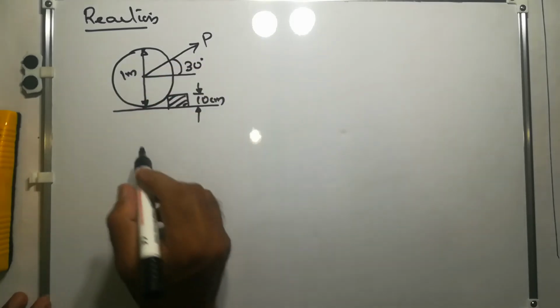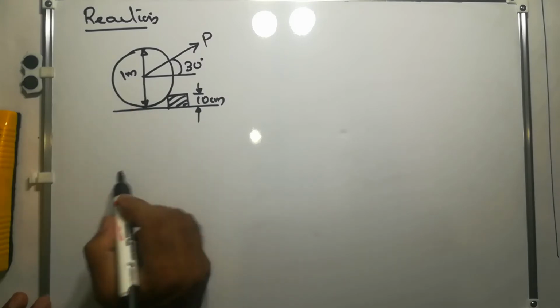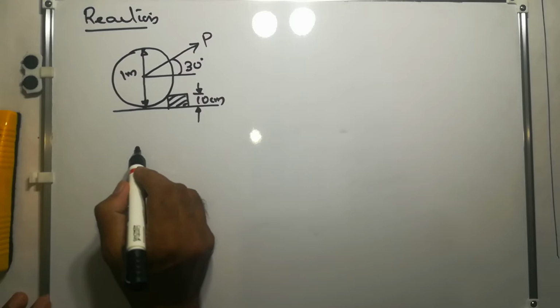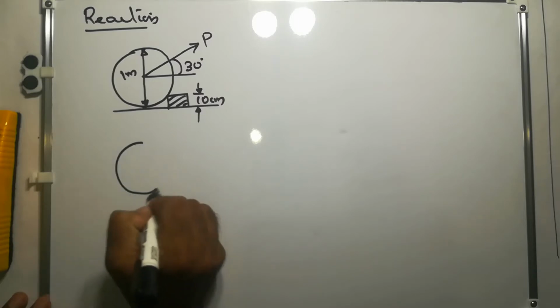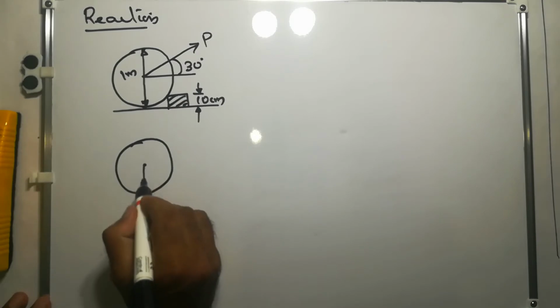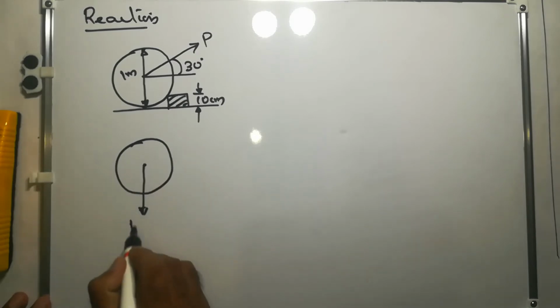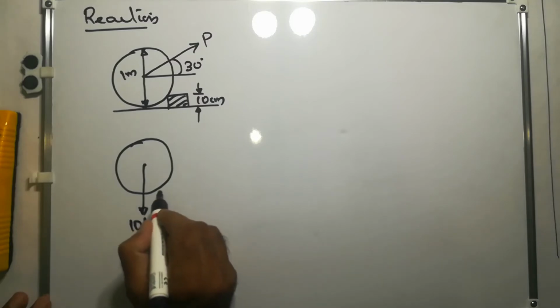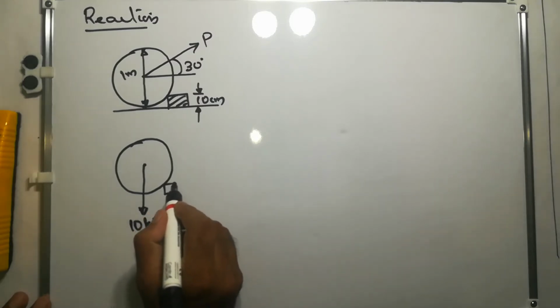So if you draw the free body diagram of this roller, its weight is acting vertically downwards. It is 10 kilonewton, and here the obstacle is here.